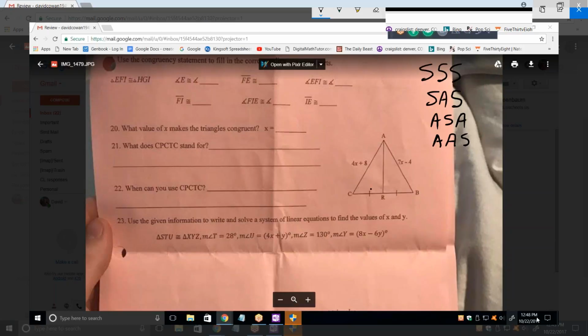Well, we know we have one side that's the same, right? CR equals RB. What other side is the same? CA equals BA. Not yet. What other side? We got 2 triangles here. I'm going to label them. That's triangle 1, that's triangle 2.